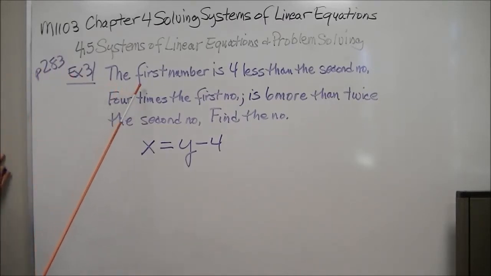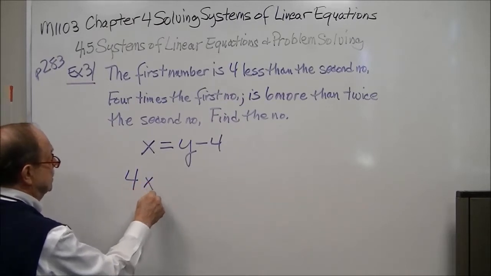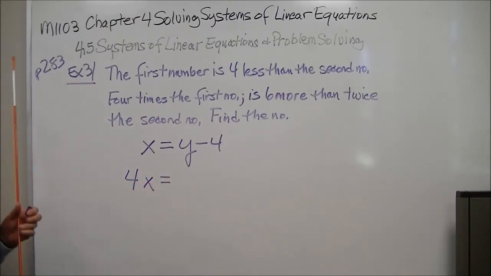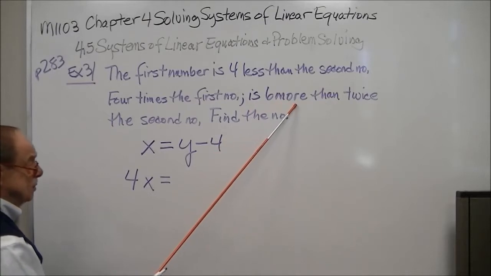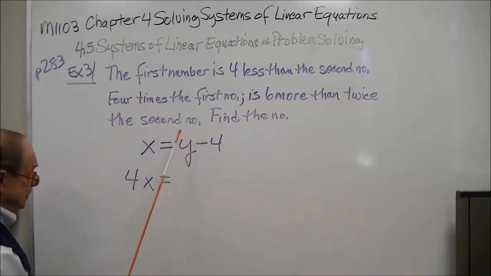So again, the first number is 4 less than the second number. So notice what we're doing. We are defining x as the first number, y as the second number. Then reading the next part, 4 times the first number is 6 more than twice the second number.